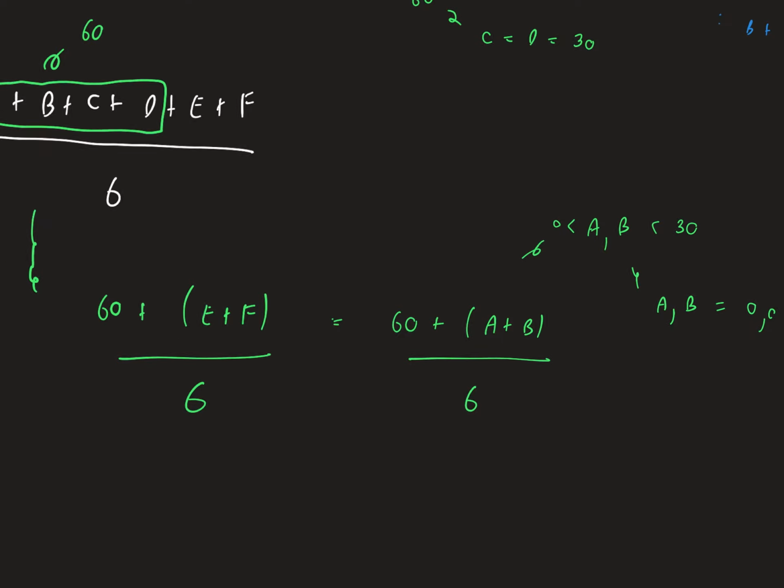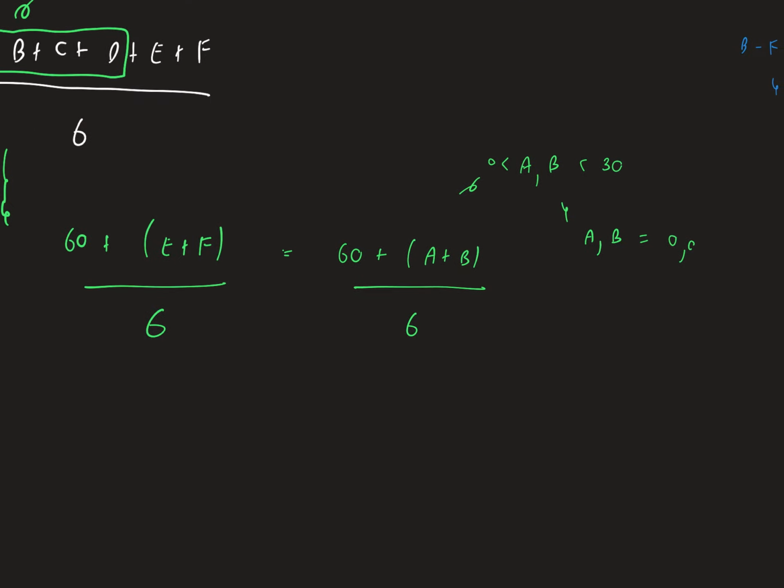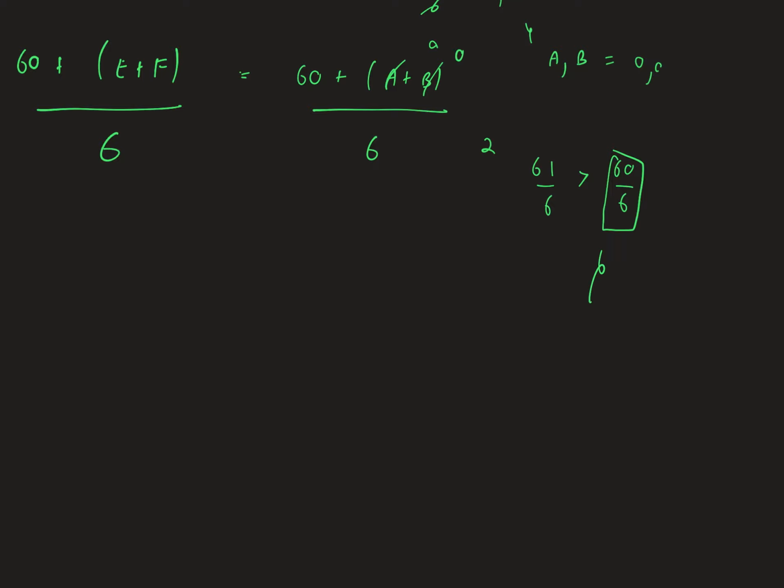So the lowest possible is when A and B are both 0. Because, for example, if A equals 1, then what we'll have is 61 over 6, which is more than 60 over 6. So the lowest possible value of the average score is 60 divided by 6, or in other words, 10. So the answer to this question is 10.